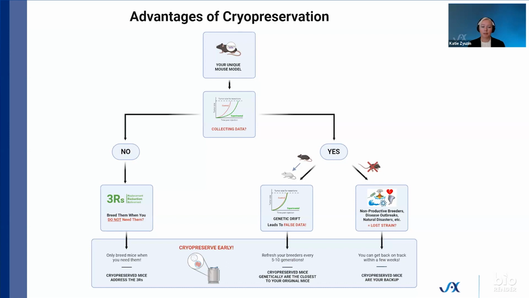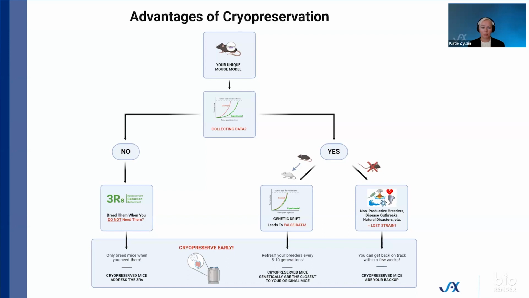In many cases, when such negative impact is finally noticed, most breeders in a colony are already being impacted. In such instances, if you have cryopreserved your strain, and hopefully you cryopreserved it early in its history, you can recover the animals that will not have such de novo mutations and that will allow you to quickly get back on track with collecting accurate experimental data.